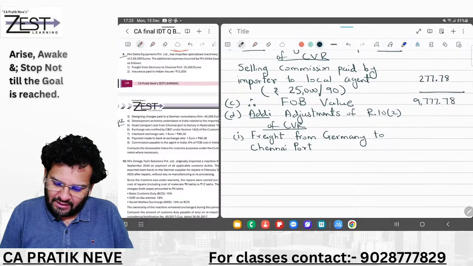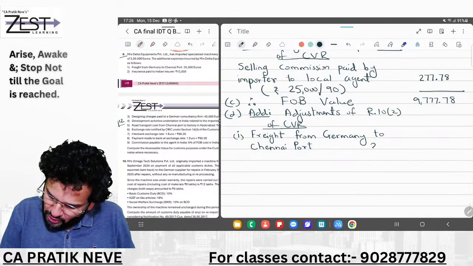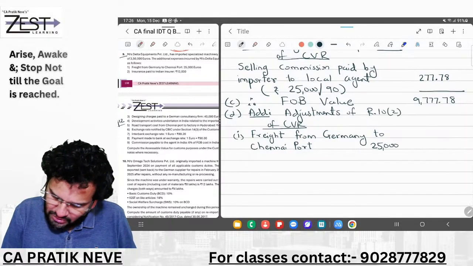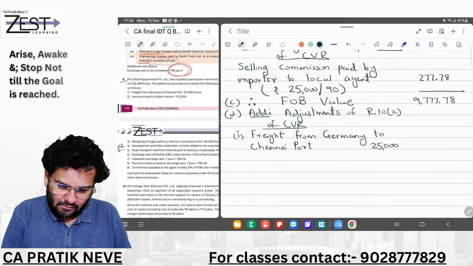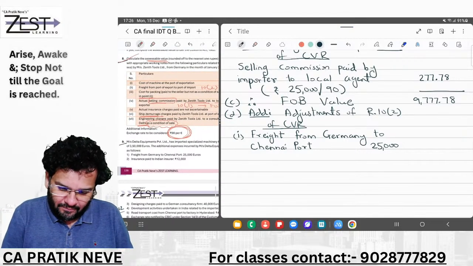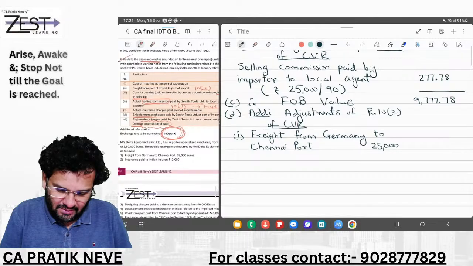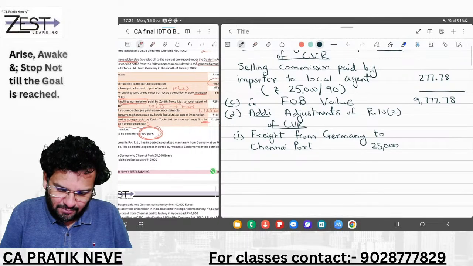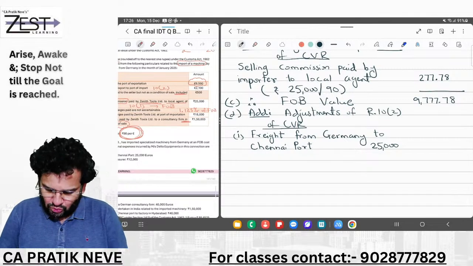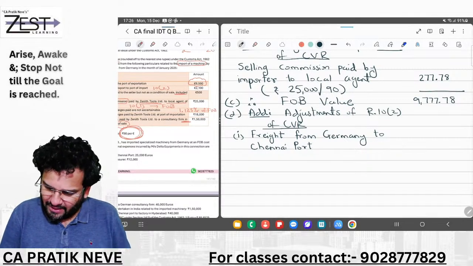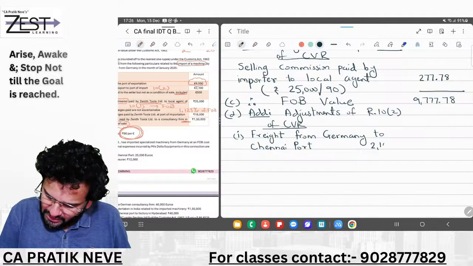It is 25,000 euros. So you have to take that full 25,000, but apart from that, wait. I unnecessarily went to the next question. Sorry. Freight from port of export to port of import is 2,100 euros. My bad. 2,100 euros.